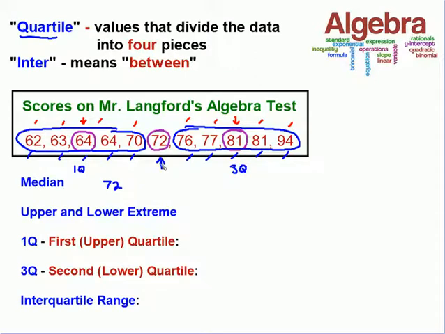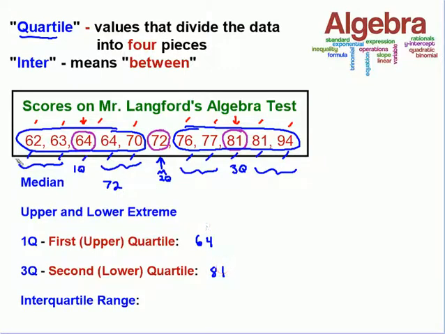Now again, the median is right here, but we also can think of our median as the second quartile, or Q2, however you want to look at it. And we've divided this data up into 4 pieces. Here's one piece, here's another piece, here's another piece, and here's another piece. 4 total pieces, and these are our quartiles, our dividing points. So the first quartile was 64, and the third quartile was 81.